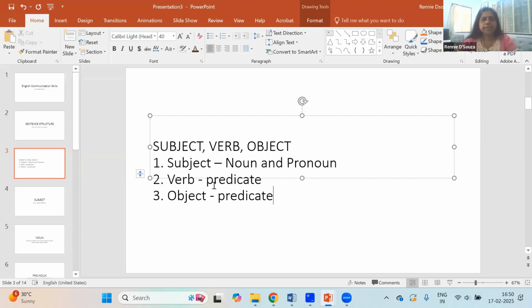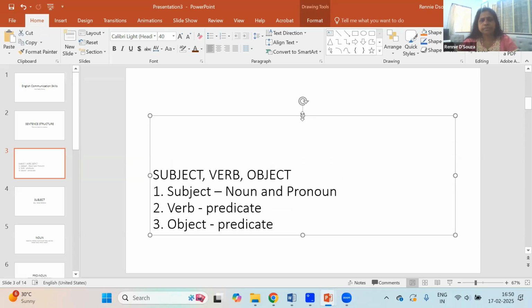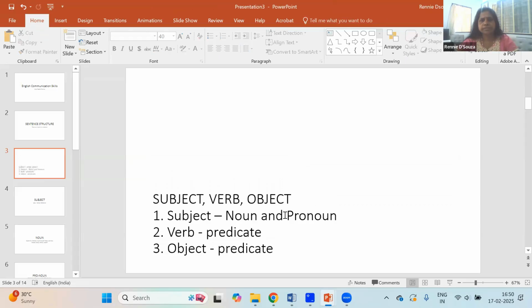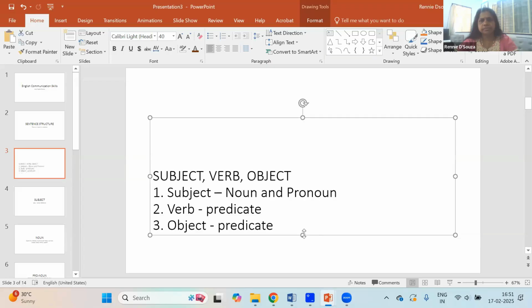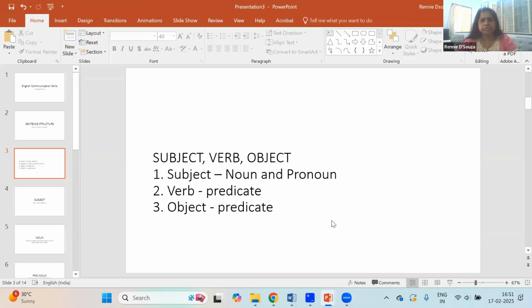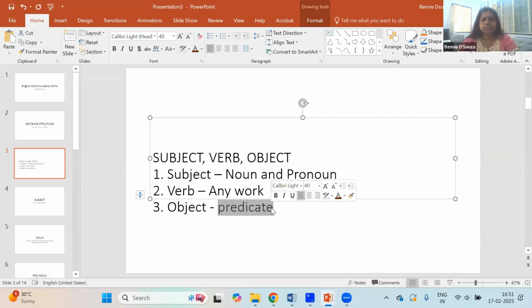Now we have seen in the subject noun and pronoun, and in verb any work or action, and in object again noun or pronoun or adverb and adjective, right? So these are the three parts of a sentence.